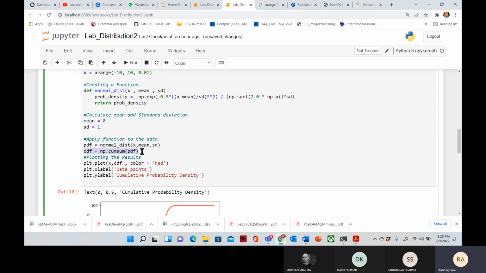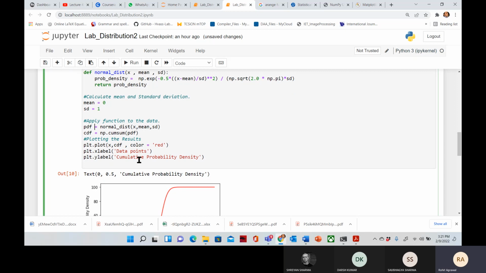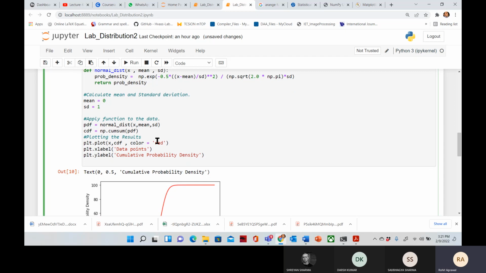Otherwise we need to write our own code to create this. So CDF is equal to np.cumsum of the previously obtained probability density function, PDF, probability values. So we obtained this cumulative density function.